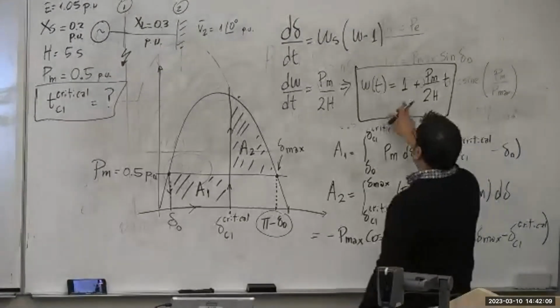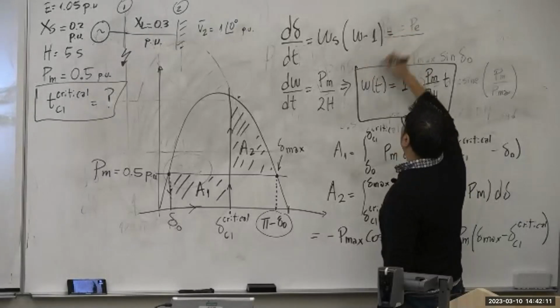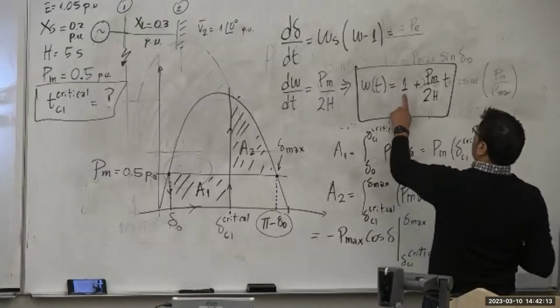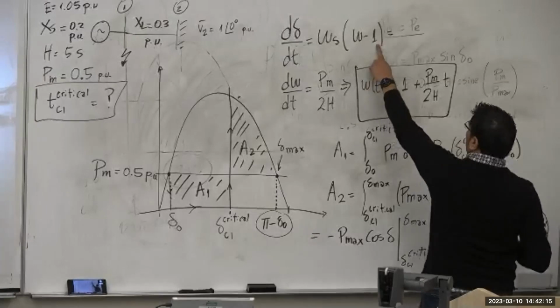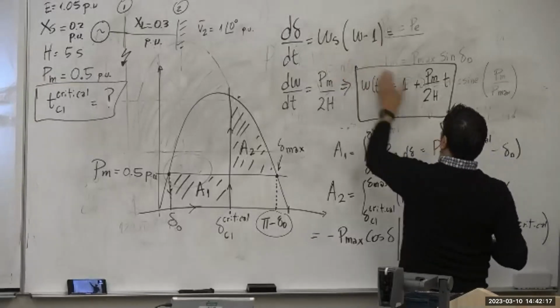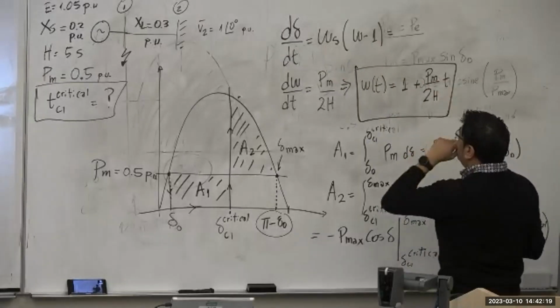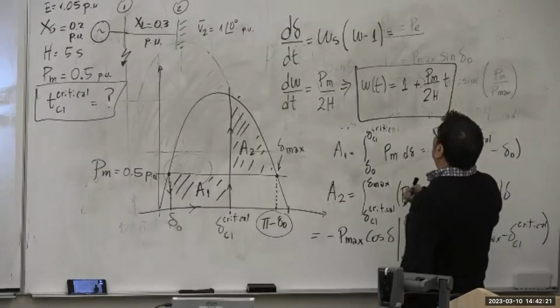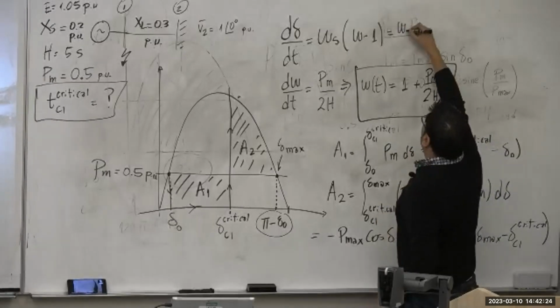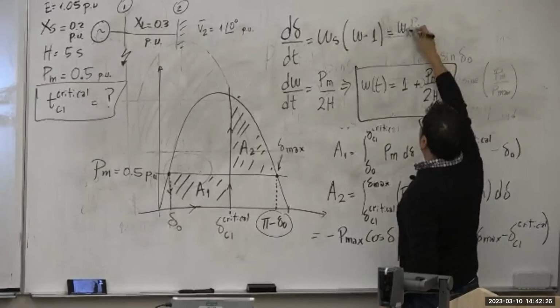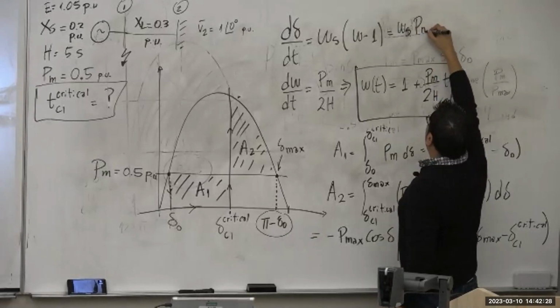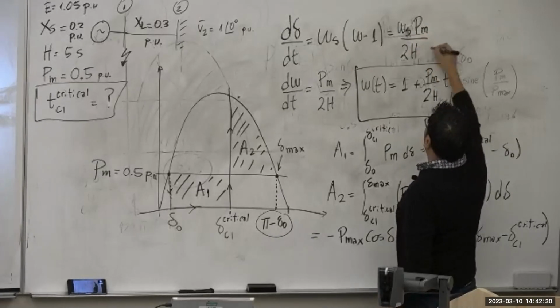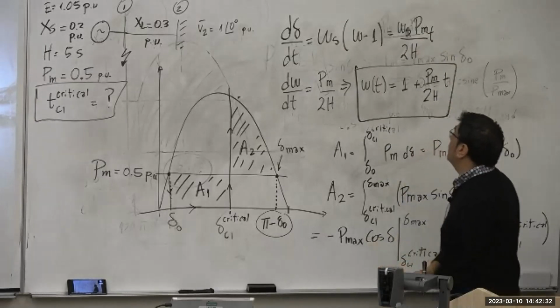If we replace that over here, then the 1 will get canceled here, and you just have omega s multiplied by this, omega s PM over 2H times t.